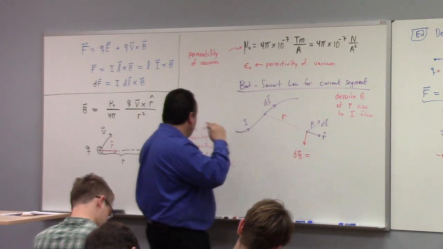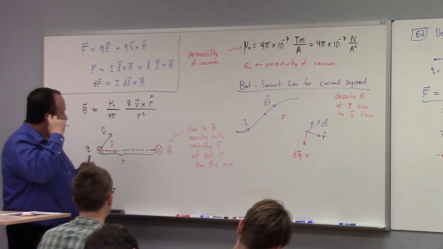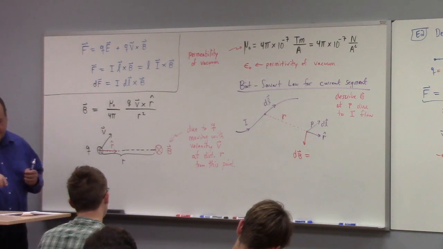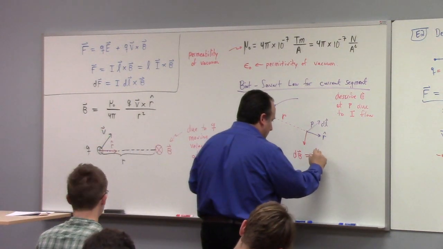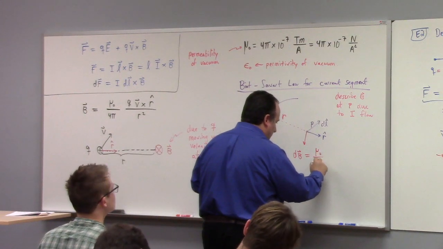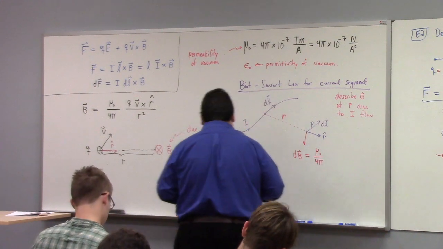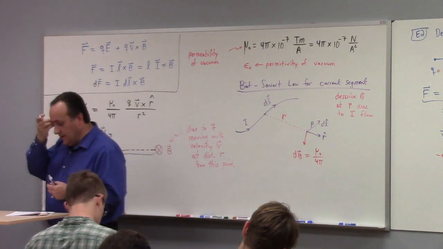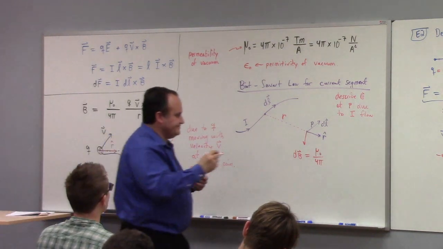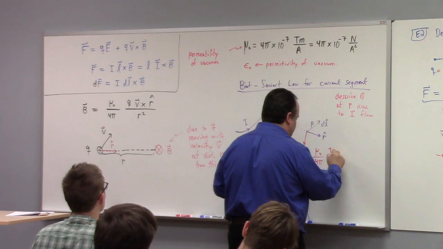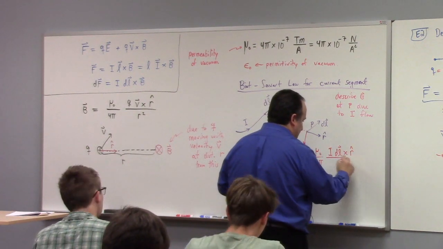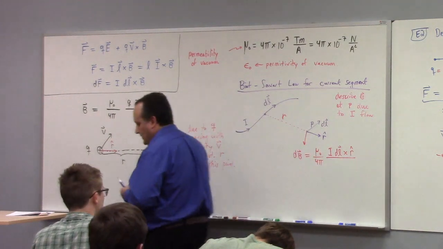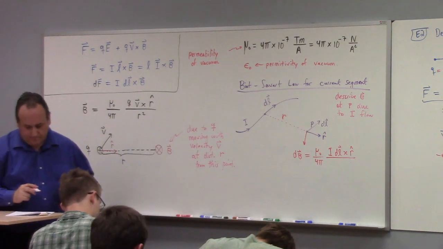And the formula for it is simply going to be mu naught over 4 pi times I dl, that's a vector, dl vector, cross r hat divided by r squared.